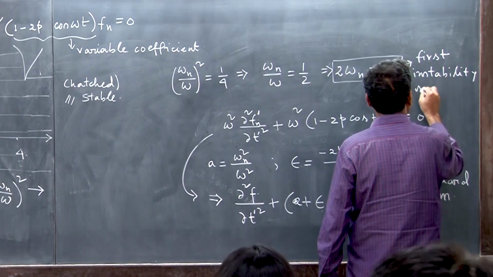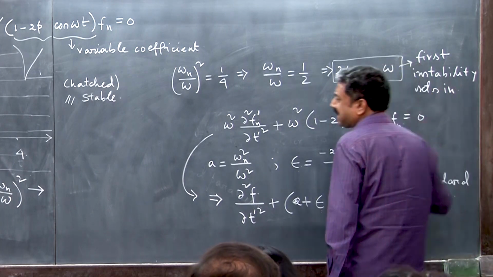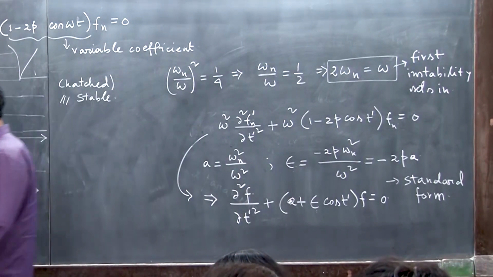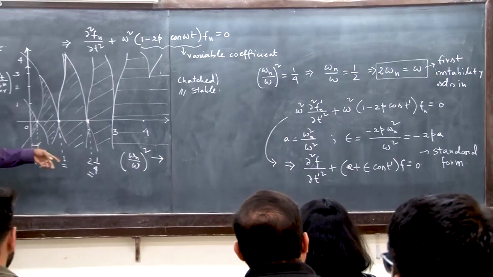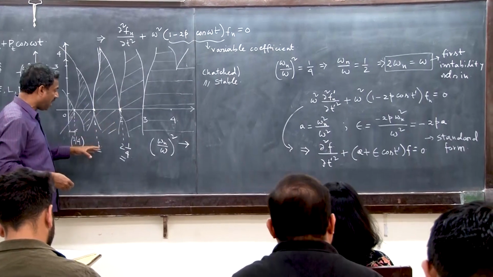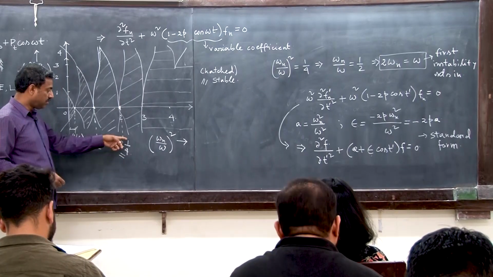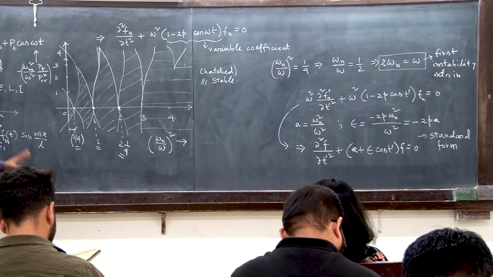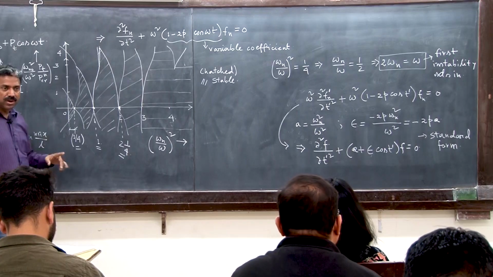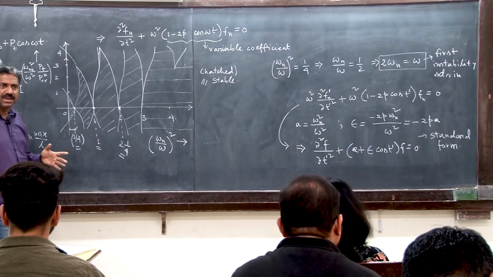So what is the kind of instability? And of course the second one happens when omega n by omega is 1, and then omega by omega n is 2 to the power 1 by 4, the fraction. Now the first one is most important because that's where it is losing stability.